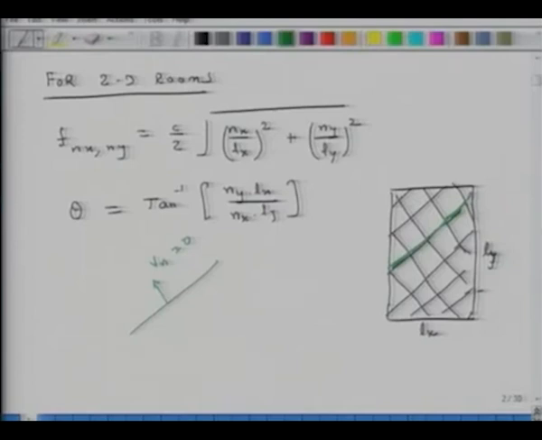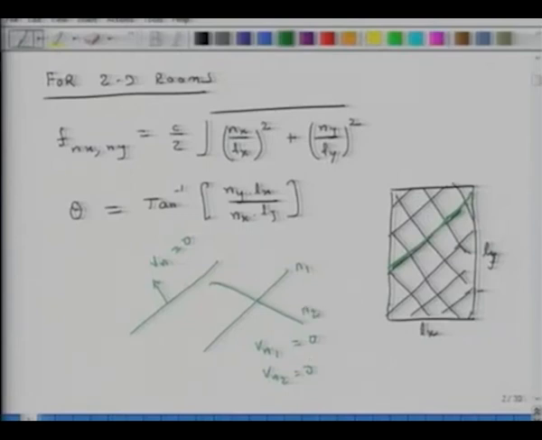If I have one node line going in this direction and another node line going in this direction, then for these two lines, the velocity condition will be Vn1 equals 0. Let's say this is line 1 with a normal n1, and Vn2 equals 0 for this line which has a normal N2.